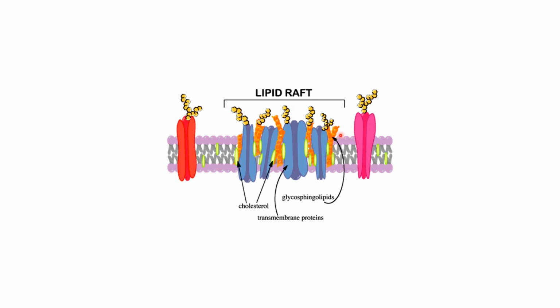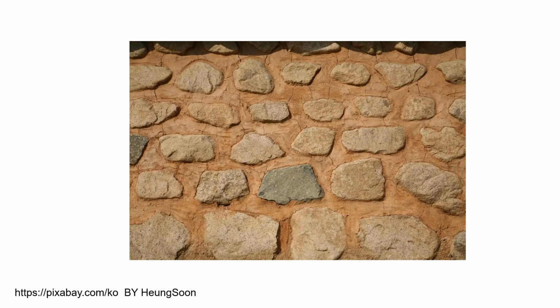That's how this whole structure is thicker and also rigid. The role of the cholesterol is mimicking stones on a wall. If you put this kind of stone on the wall, it makes the wall a much more rigid structure. In a similar way, the cholesterol insertion into the membrane makes that domain rigid.